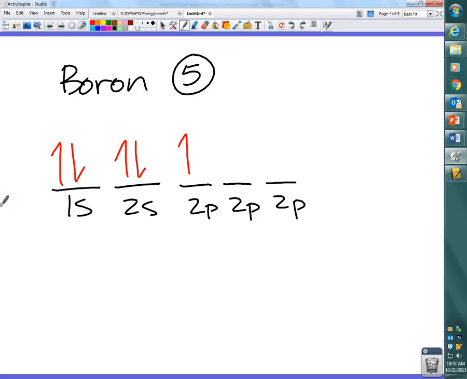If you don't put the last 2 p's with nothing there, will you get it wrong? Yes. Because these 3 orbitals are all the same energy, so we need to write them even though there may not be any electrons in there. Because they come as a group. They are a sublevel together, the 3 of them. Jules, go ahead.